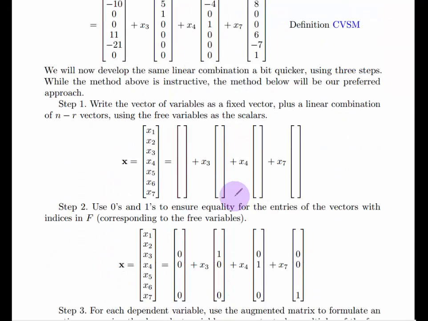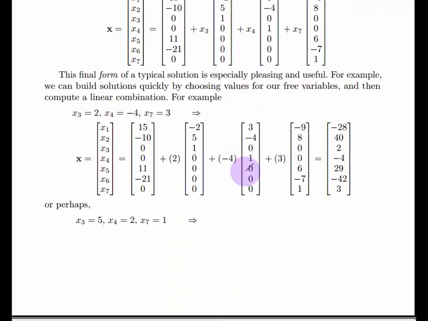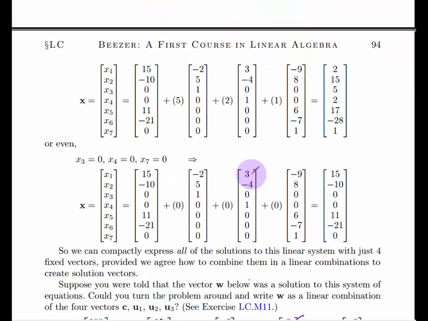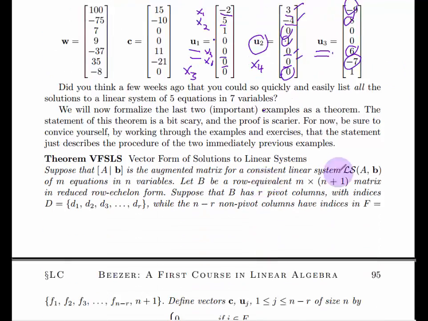That gives me all of the entries in u2. So you can try for yourself this vector u3 and see if you can understand where these come from. It's going to come from a column in the row reduced matrix, and you take the negative of the entries.